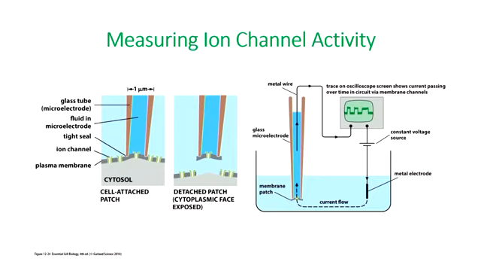You can record that on an instrument, and the output looks like this. Every time the channel opens, boom, there's a spike of current. Then the channel closes, boom, it drops back down to baseline. Then the channel opens again, boom. This is called single channel recording. And so we can actually measure the opening and closing of individual channels.